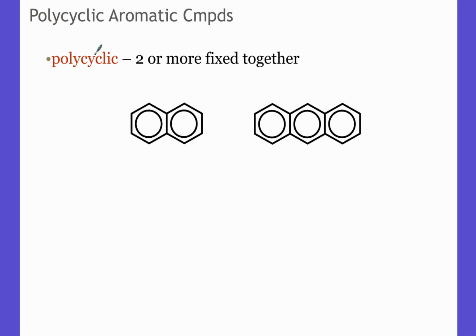Finally, there are technically polycyclic aromatic compounds. These ones I'm not as concerned with because I'm not really going to show these on the test, but just to show you what they are, right? This one is actually called naphthalene. And it's something that's in a mothball.